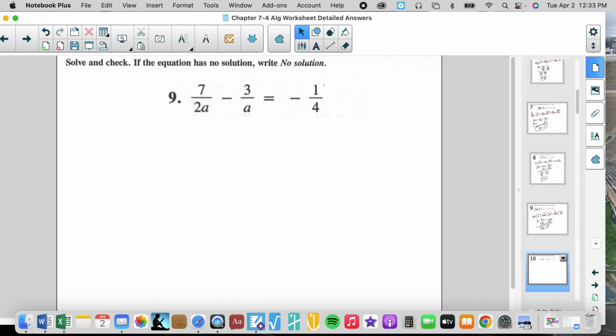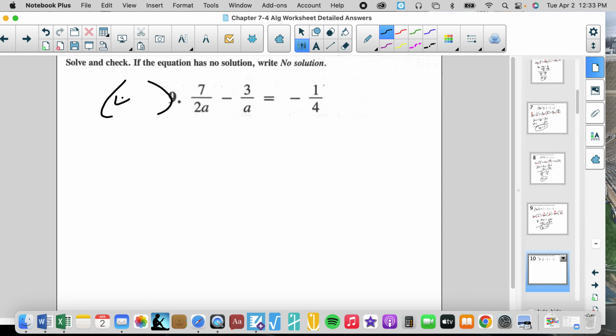Ooh, here's some good denominators here. So common denominator is going to be 4a. It is not 4a squared. Think about least common multiple, LCM of 2a is 2 times a, and 4 is 2 times 2.